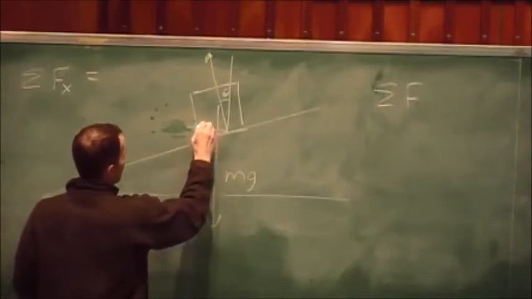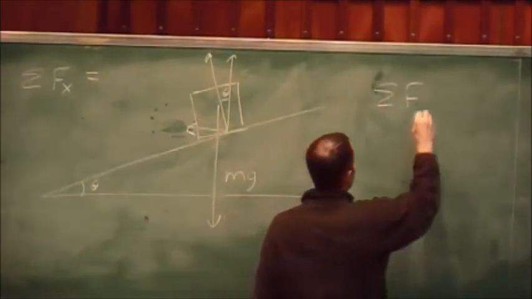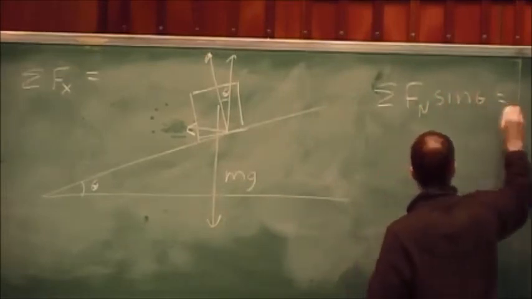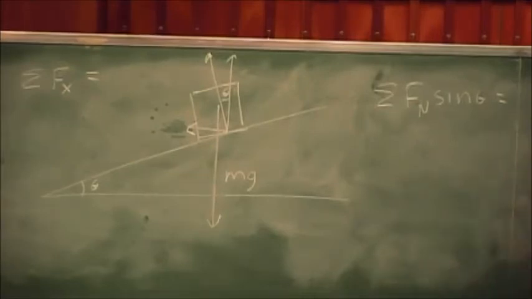Right? It's small. And that's going to be equal to mv squared over r.